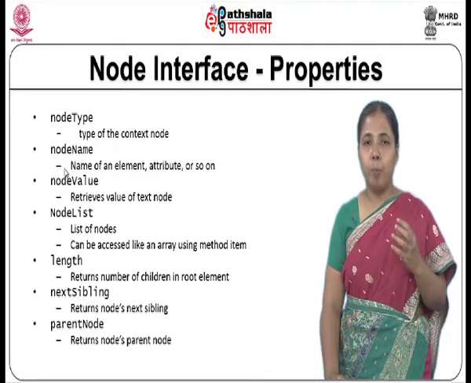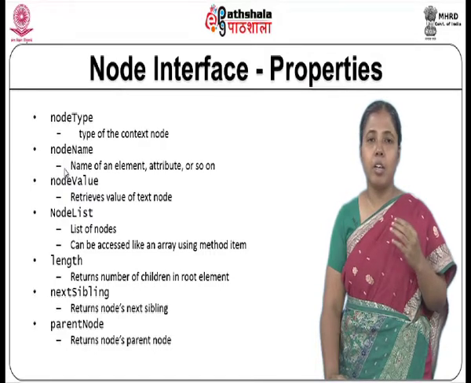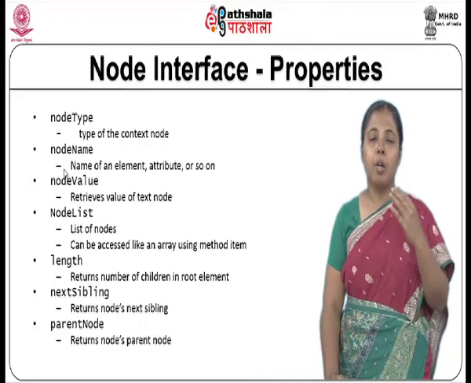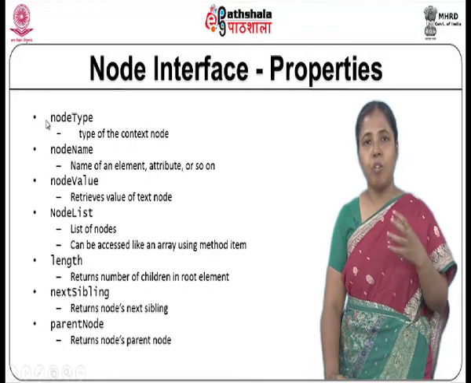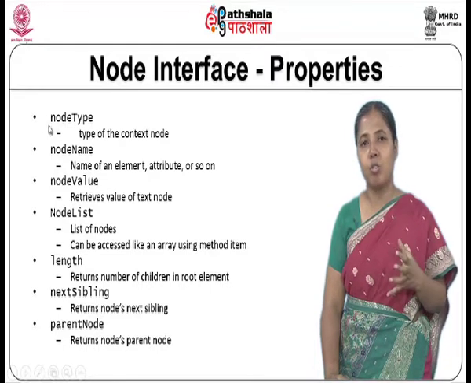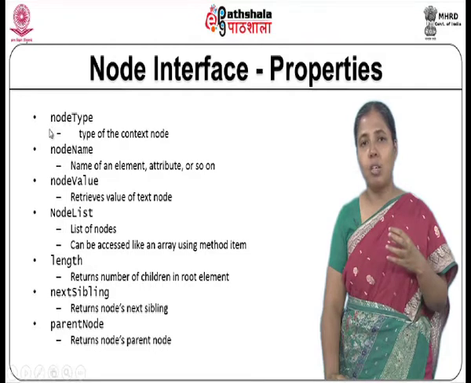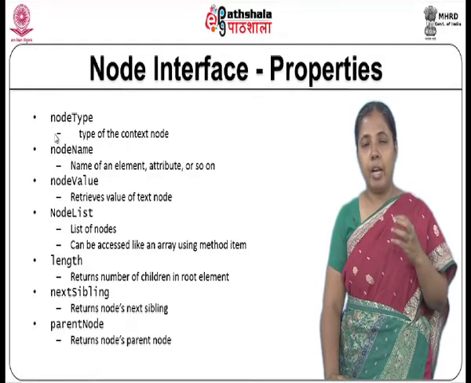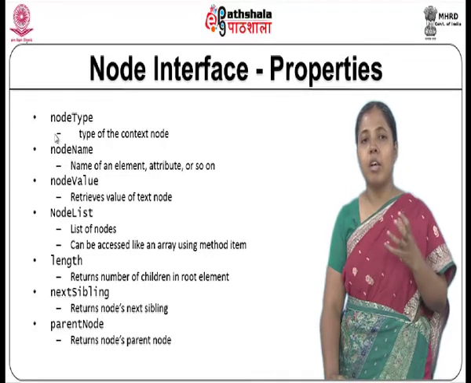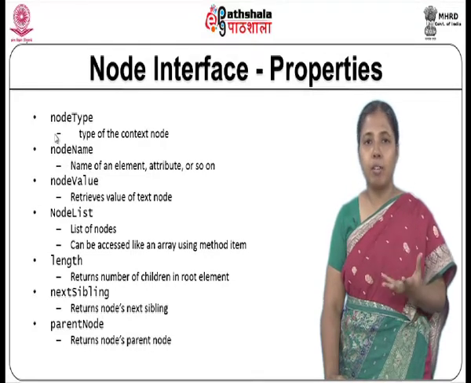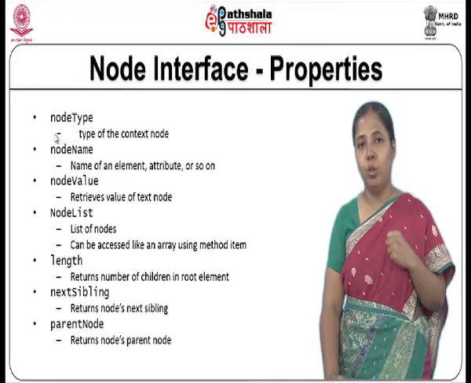All these properties define the basic characteristics of the different kinds of nodes. In order to access these properties in Java, you put a get before the property, so that you can access the property of that node.